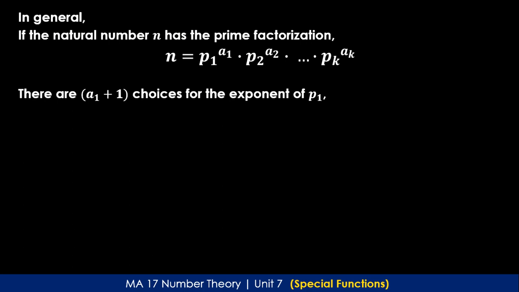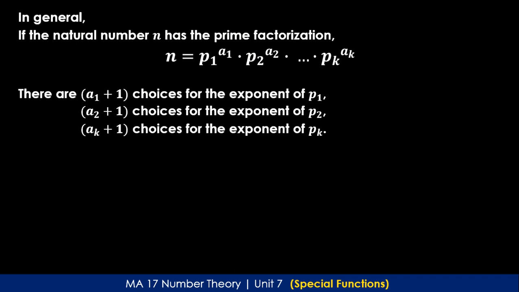So there are a sub 1 plus 1 choices for the exponent of p sub 1, a sub 2 plus 1 choices for the exponent of p sub 2, up until a sub k plus 1, which is the number of choices for the exponent of p sub k.